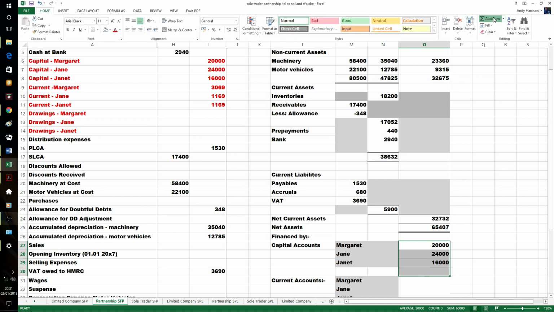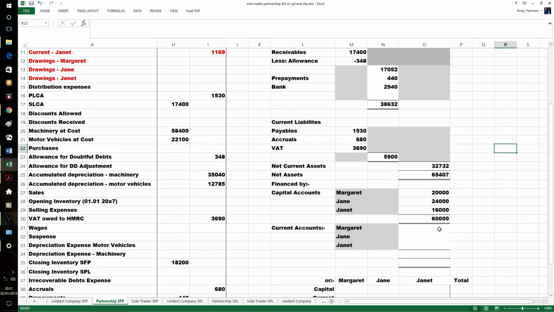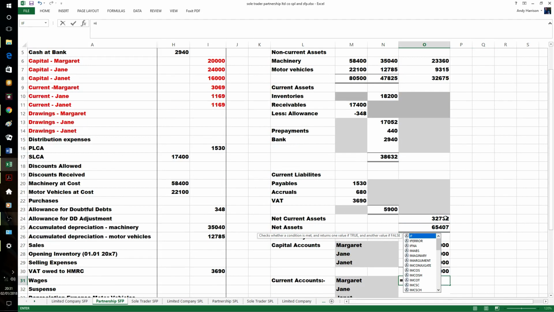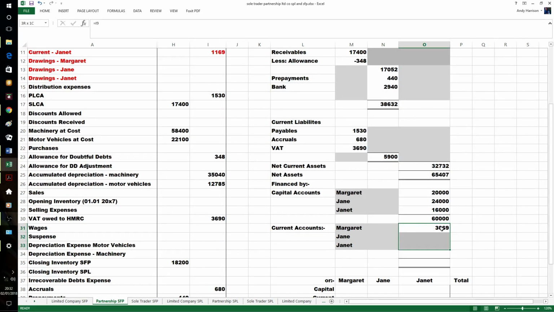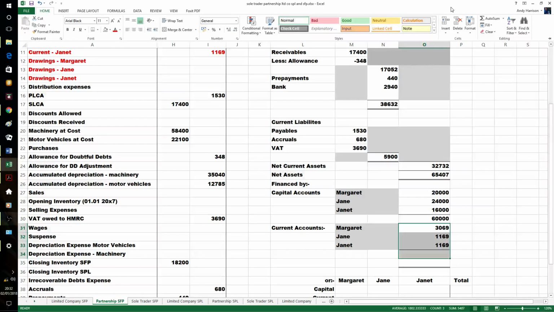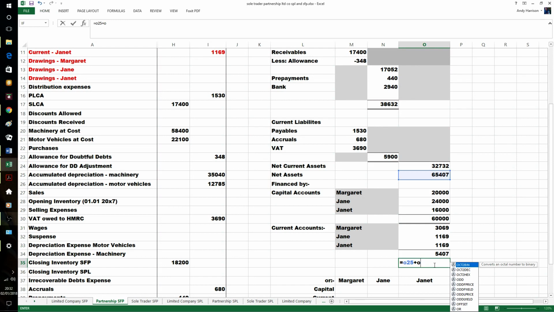So that's the total capital involved at 60,000, and then the current accounts, just pick up the one, pick the other two up, subtotal them, and then of course the totals. In fact it's not 025, it's 030, that's better.